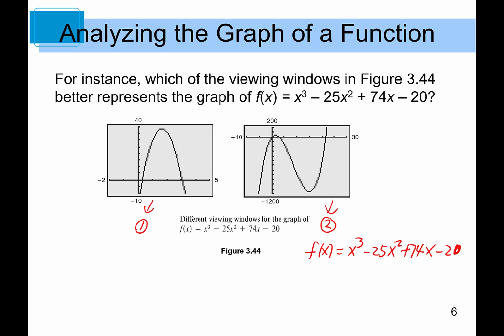So the same graph. However, if you look at the first graph, the domain is just from -2 to 5, and the range is just from -10 to 40.